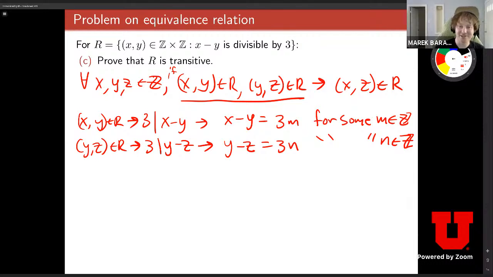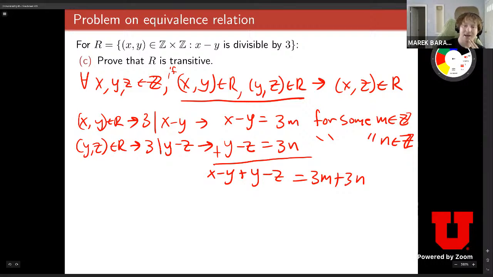And so Brendan suggested that we add these two together. At least I think it was Brendan. Yes. So if we add these two together, we have x minus y plus y minus z equals 3m plus 3n. And so these two cancel out right here, and we get x minus z equals 3m plus 3n.